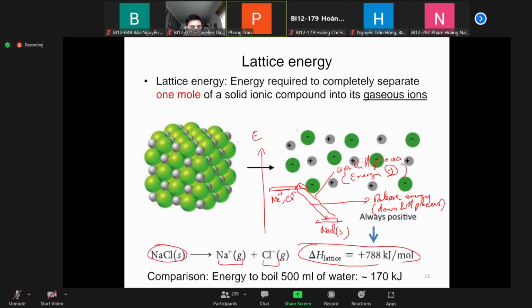When the sodium cation and chloride anion react to make sodium chloride, it will release energy because the process is downhill. But when you have sodium chloride and want to break it into sodium cation gas and chloride anion gas, the process is uphill, so you need to put energy in to break the bond. So that's why the lattice energy always has a positive value.